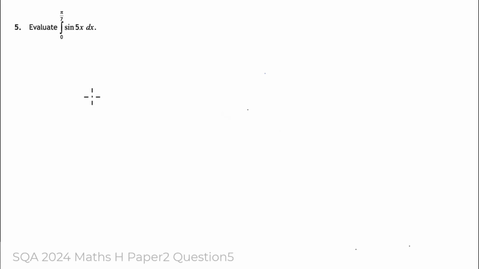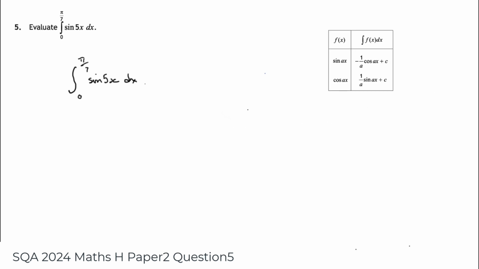So here's question 5. We're asked to evaluate this integral. It goes from 0 to pi upon 7, and it's sine 5x that we're integrating. Now, we know the formula sheet contains this table of integrals, and the one we're looking at is sine 5x.